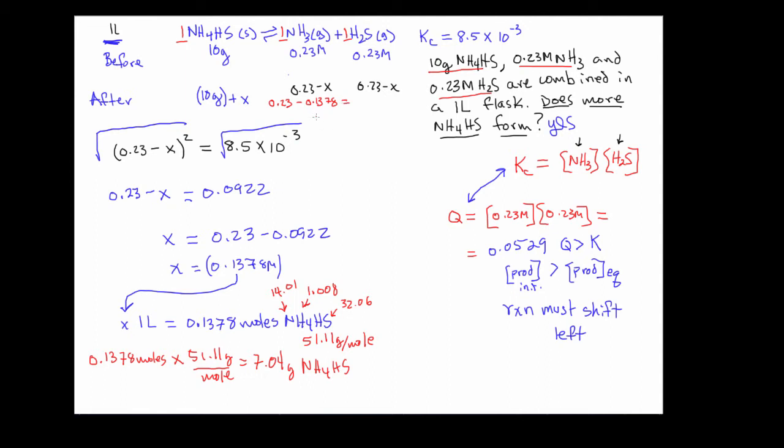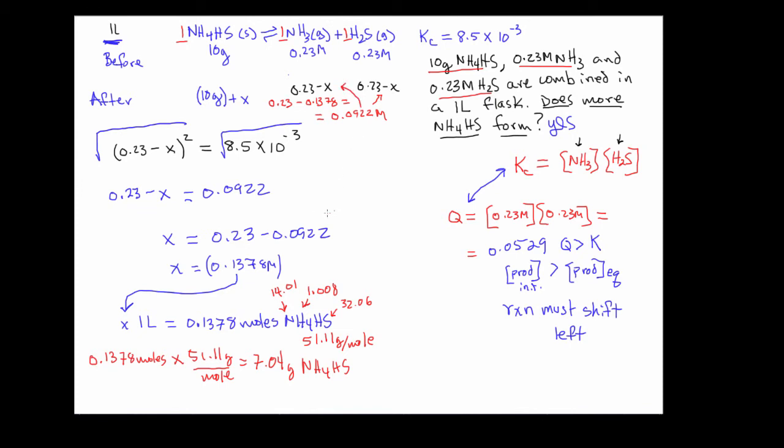So what we're going to get for the NH3 and the H2S is going to be 0.0922 molar. Let's fix that up a little bit. All right, and that's going to be for each one of these at equilibrium.